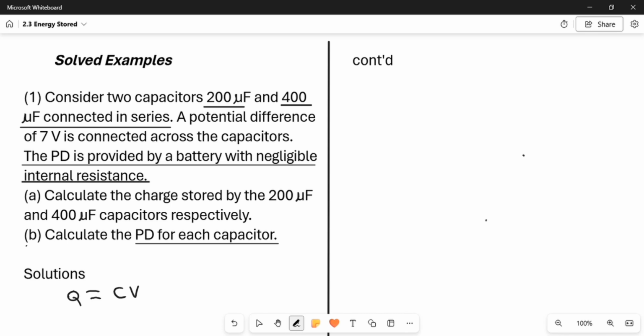So for series connection, in series, we have same charge.